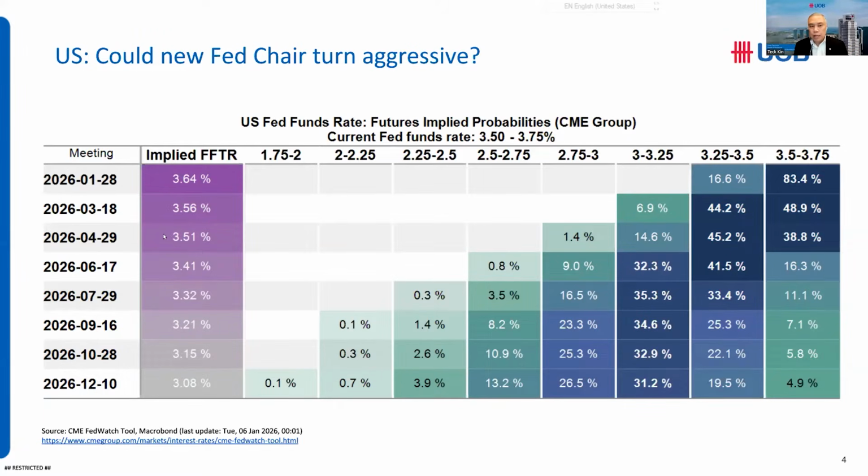So the financial market is probably betting that something could happen here in June. And then you look further down, another 25 basis points will be somewhere around here, and then another 25 basis points. So by end of the year, as of last night, the financial market is betting the Fed funds rate is going to be close to 3%, meaning about a 75 basis point cut being priced in. How strong it is, let's take a look.